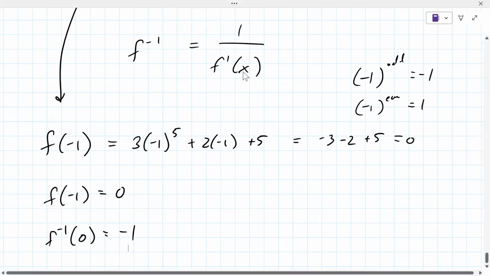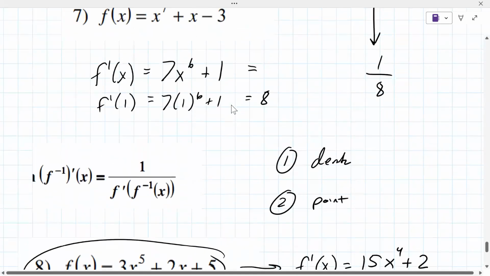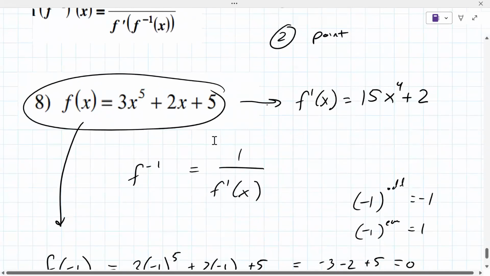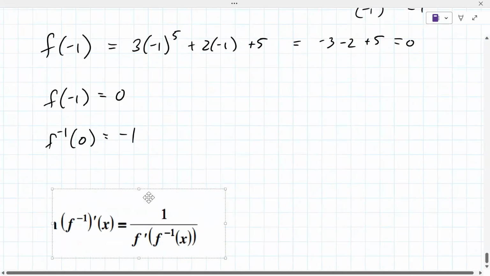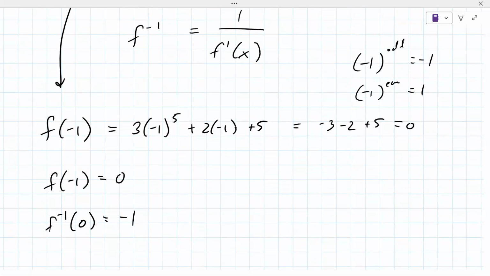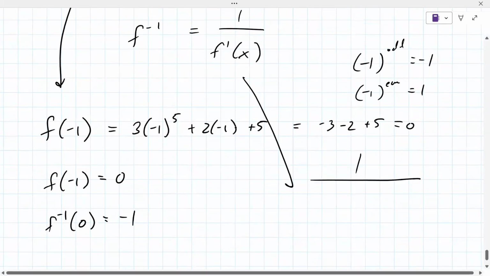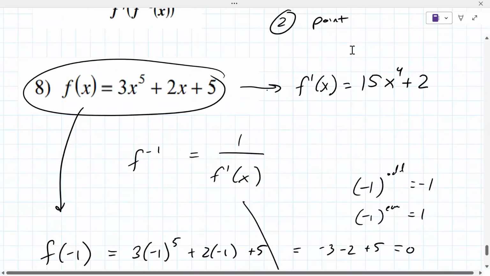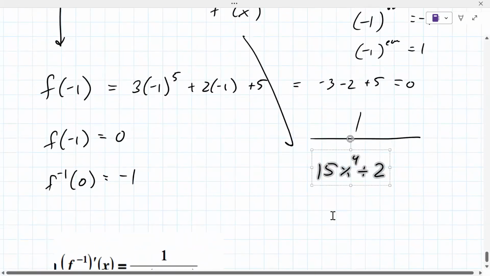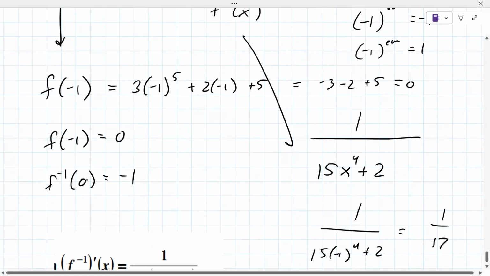The question always is, which point do I evaluate it at? And that's where I like going back to this. So then I plug in negative 1 to the derivative function, right? Yes, exactly. So it's 1 over the 15x to the fourth plus 2, you're evaluating at negative 1, so 1 over 16. It's that easy, but it's that hard. That makes a lot more sense.